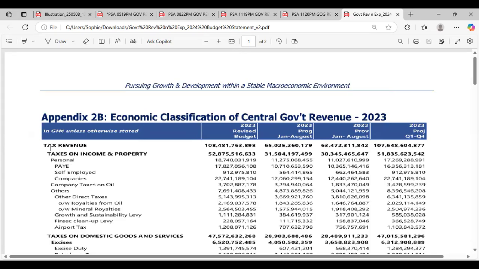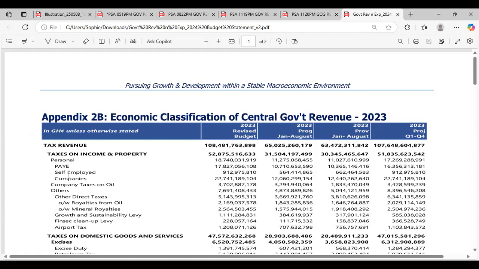look at tax revenue. Under tax revenue, the sub-classifications are direct and indirect tax. One of the examples of direct tax is taxes on income and property, as you can see here.